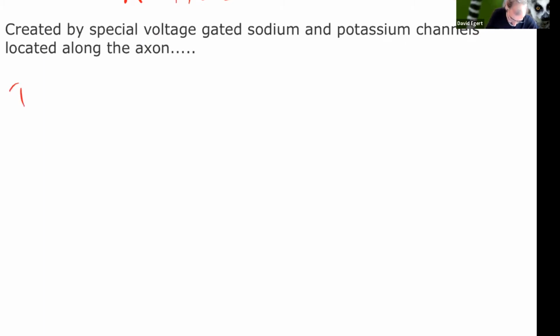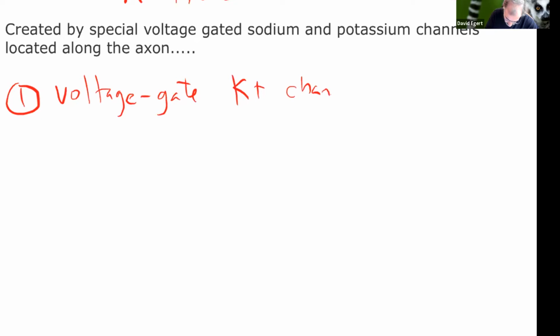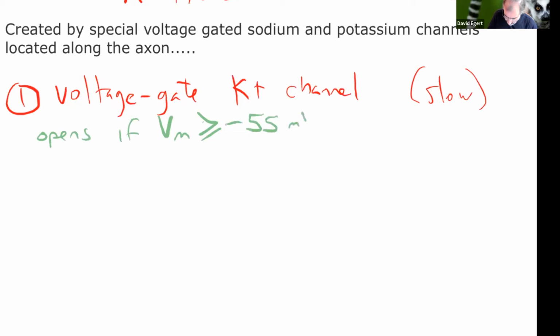Okay, one. So the slow voltage-gated potassium channel basically opens if V sub M is greater than or equal to minus 55 millivolts.